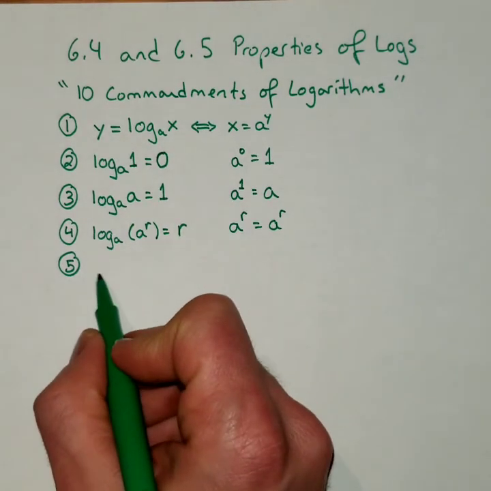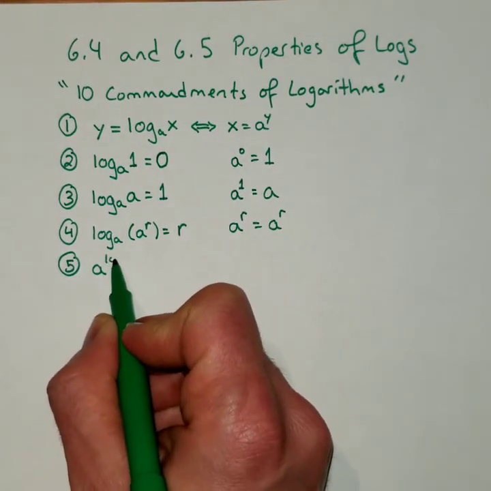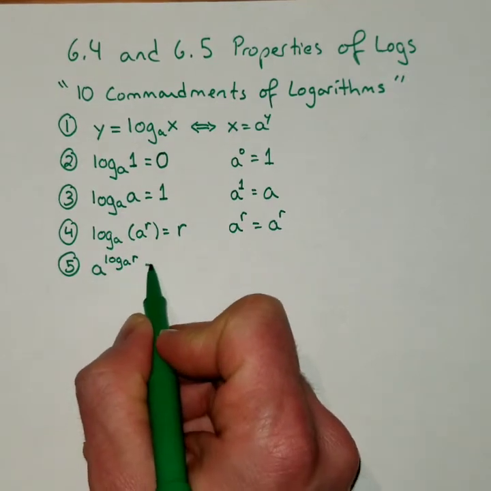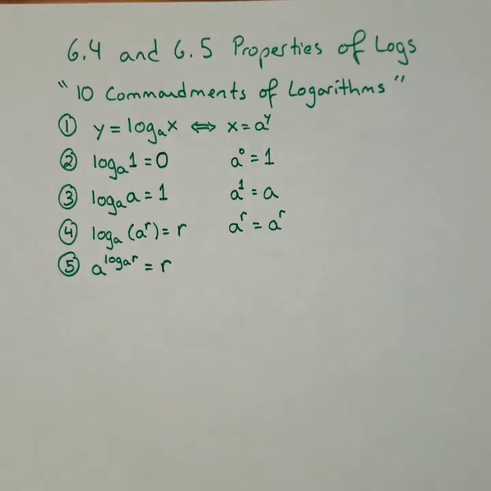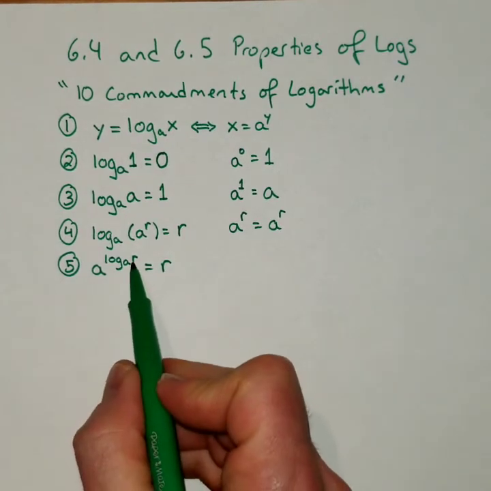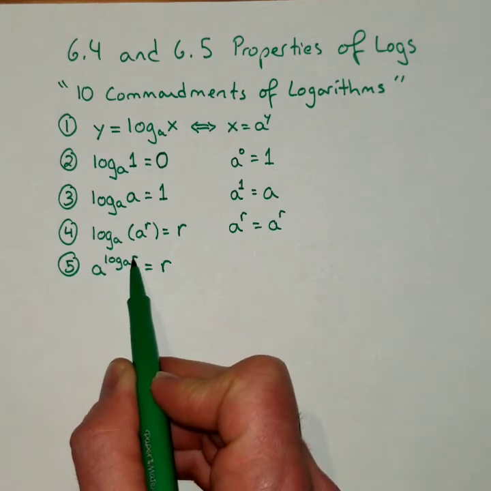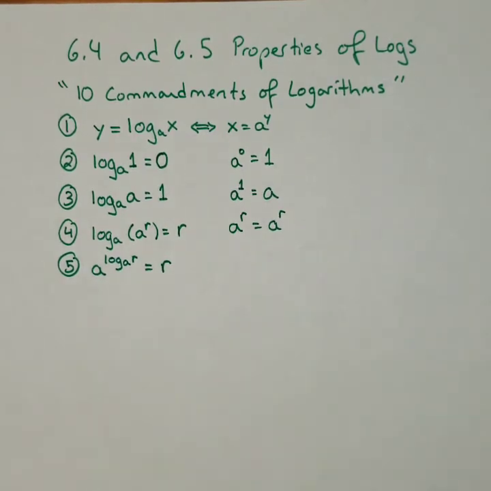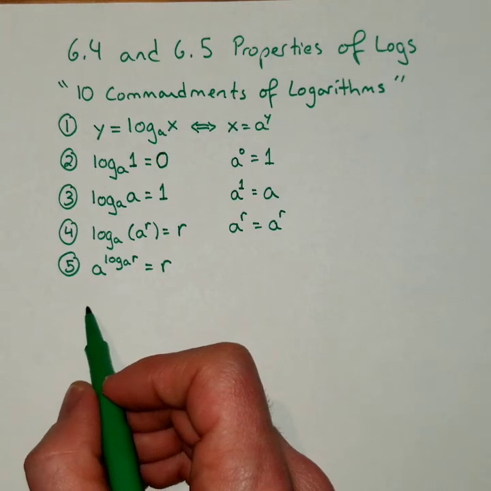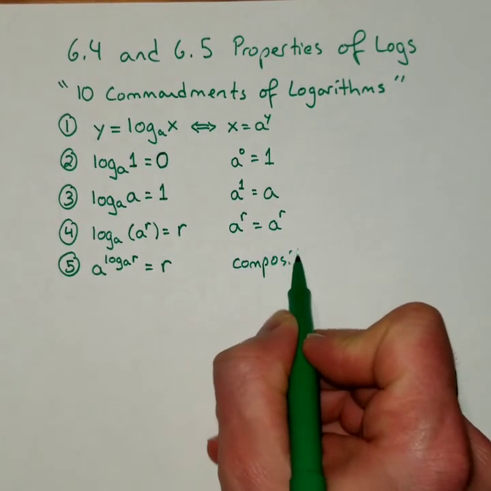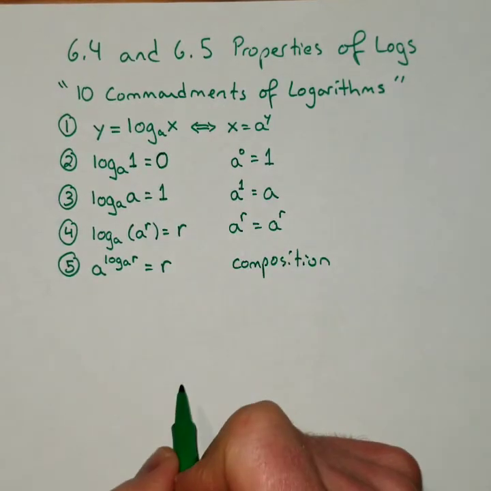If I take a logarithm and insert it into an exponential, I should just get the original input out. So my logarithm being inserted into the exponential just gives me the r value back out. Okay? So that's the fifth property, and that comes from the composition rather than from this exponent rule.